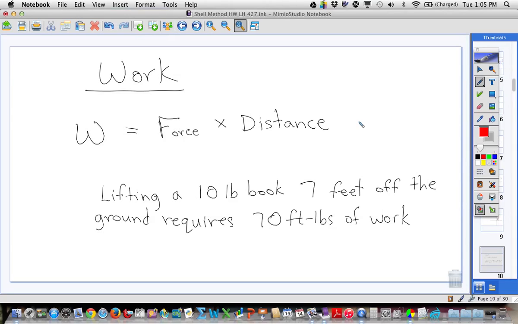Because, for example, you weigh a different weight here than you would on the moon. Why? Because of gravity. Your weight is a force because it's the force of gravity, right? What about your weight here compared to Mount Everest?